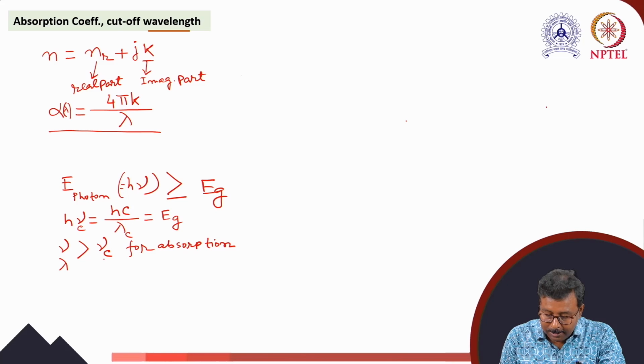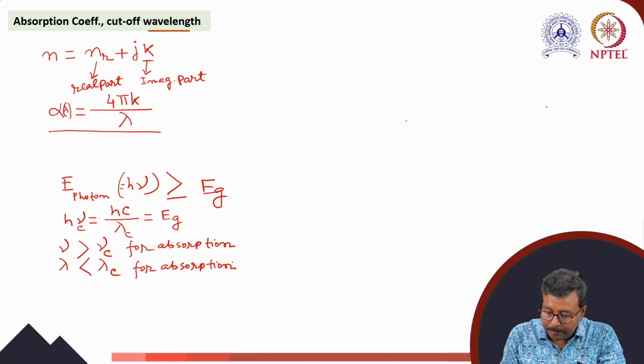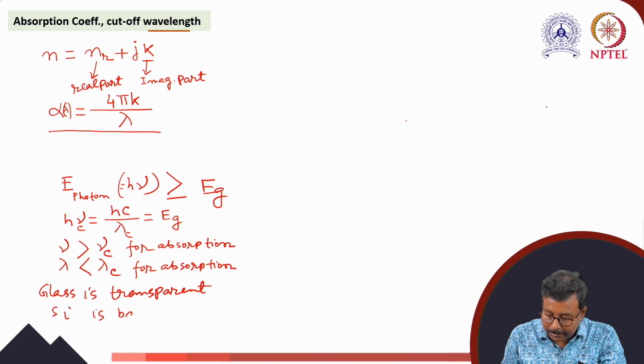Similarly, lambda must be less than lambda c for absorption. Glass is transparent, whereas silicon is black.